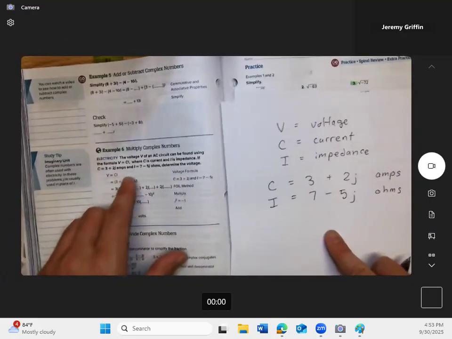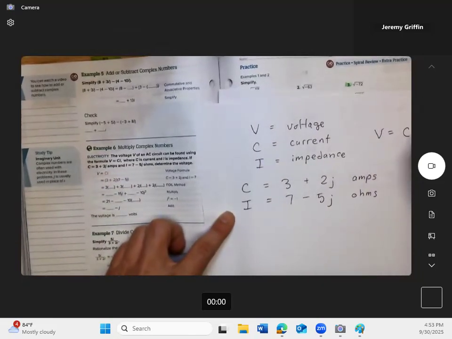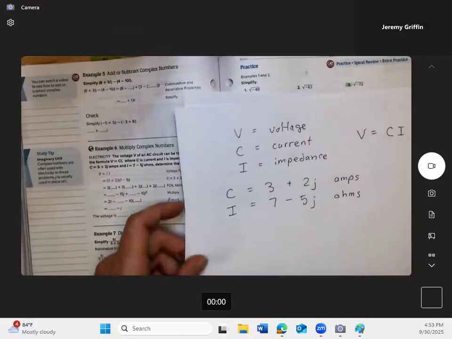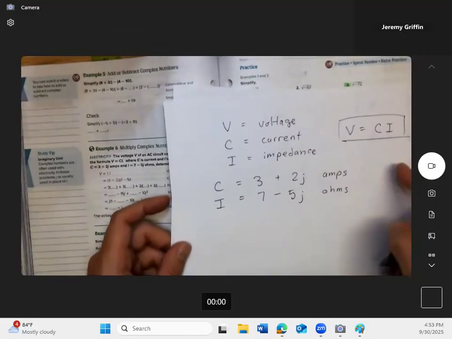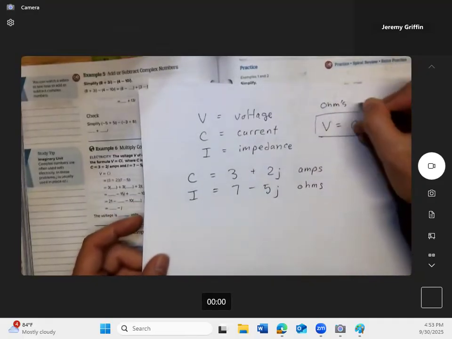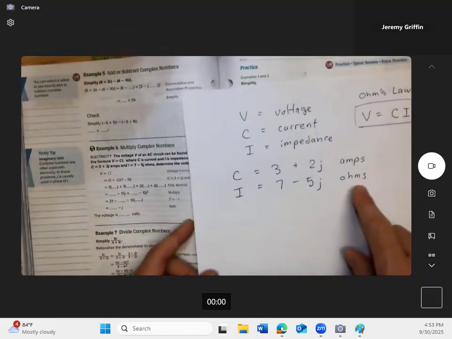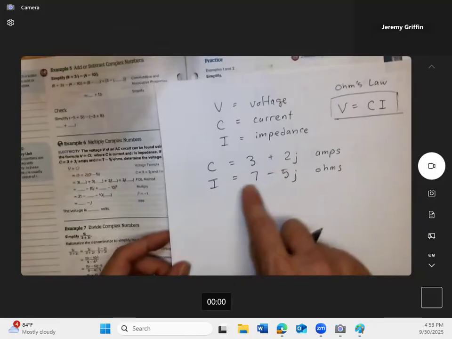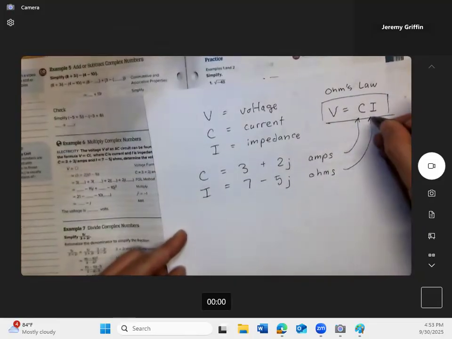Well, the voltage, they tell you, is just the current times the impedance. In physics, I call that Ohm's law. So Ohm's law, I'll spell that out because you guys want to look that up, a physics term. And so the math application is we get to multiply these two together. Look at that. There's your C, there's your I.